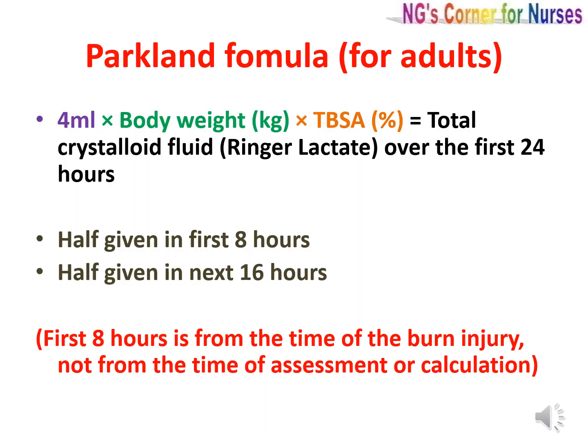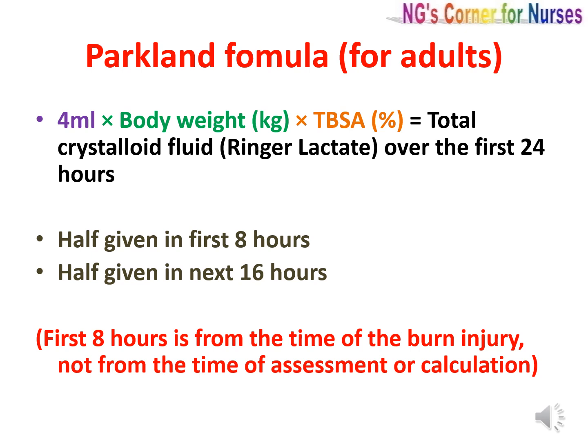Next, coming to the Parkland formula for adults. For children, there is a different formula. The formula is 4 ml times body weight in kg times total body surface area percentage equals the total crystalloid fluid over the first 24 hours. In this formula, 4 ml is constant. Next, the patient's body weight in kg and the total body surface area percentage.